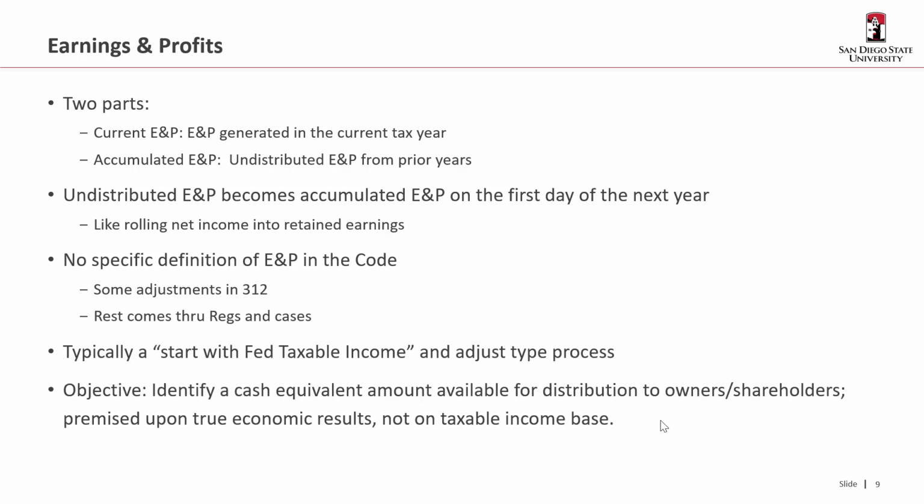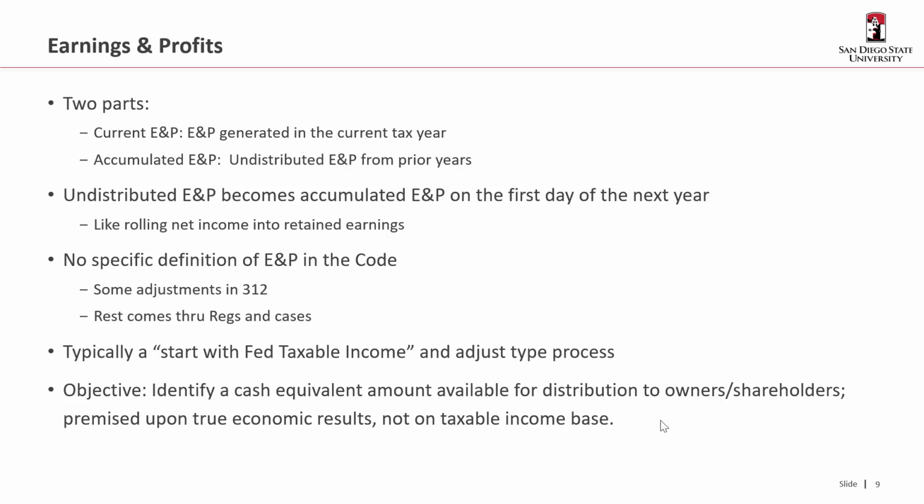So the way this is typically done is you start with federal taxable income and then you adjust for it. The same way we started with book income and we adjusted to get the federal taxable income, we do the same sort of approach with E&P. Most of the time, you start with federal taxable income, you make taxable income to E&P adjustments to end up with E&P. So what is the objective of E&P from a tax perspective?